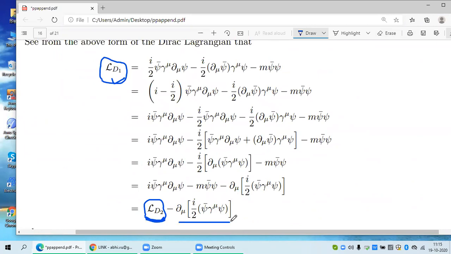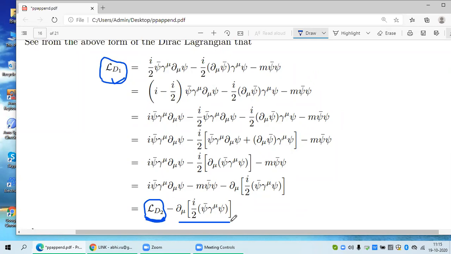This total derivative term is del mu of psi bar gamma mu psi, and this psi bar gamma mu psi is the current. Is this coincidental or are there any subtleties there? No, actually, you can drop it because it is a conserved current.